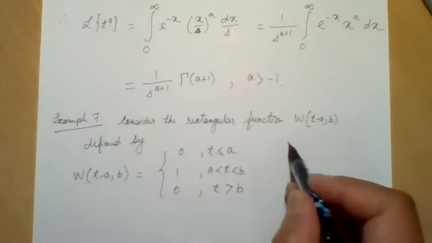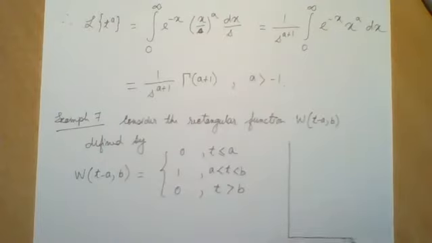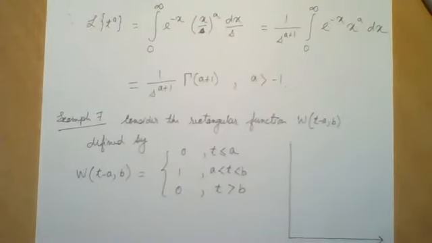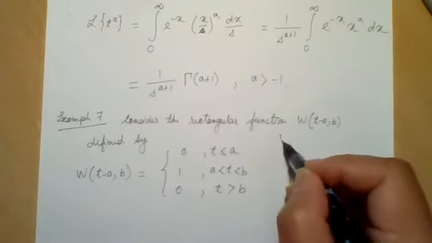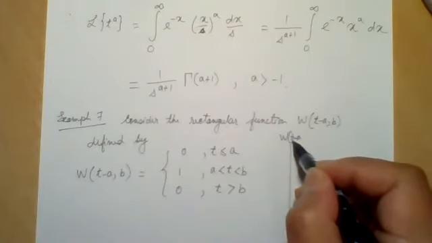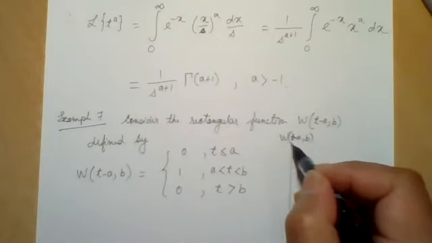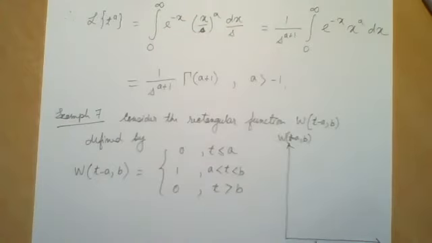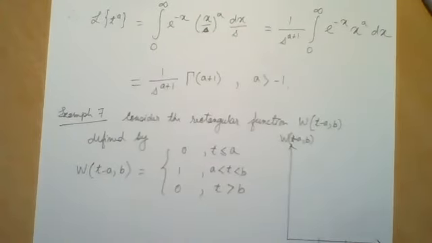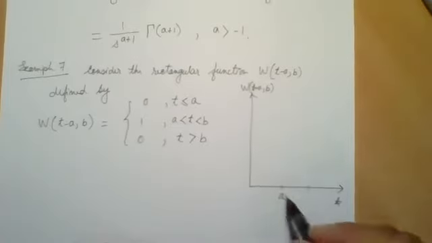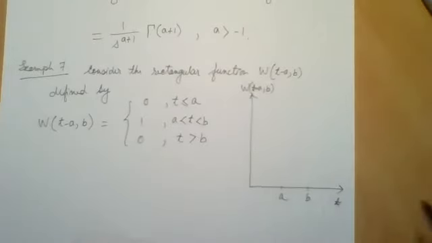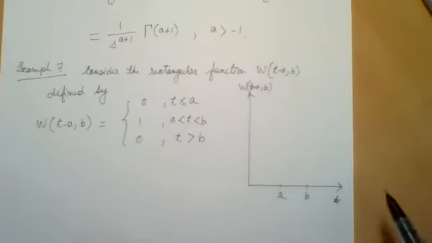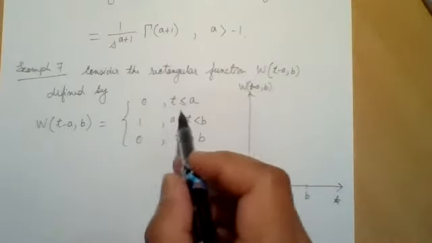Okay, and what is the plot of this function? The plot of this function would be something like this. This is t, this is w(t − a, b), this is a, this is b. So for all values of t less than a, it is 0.